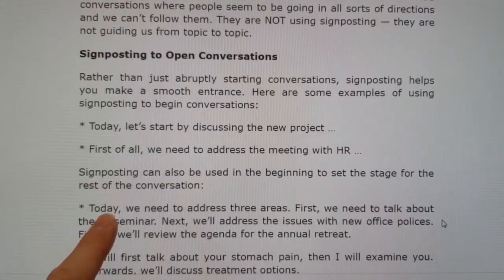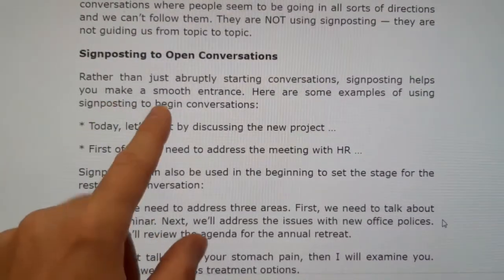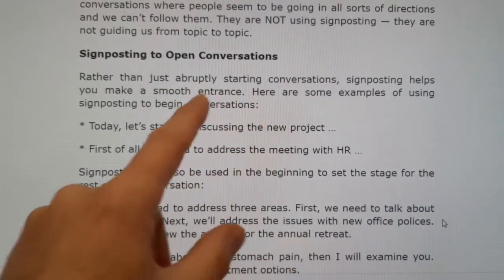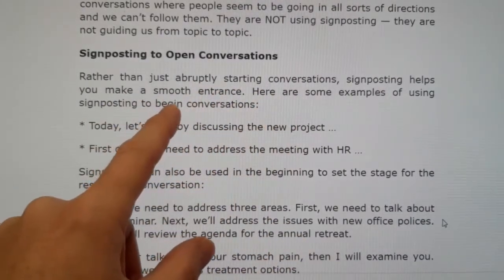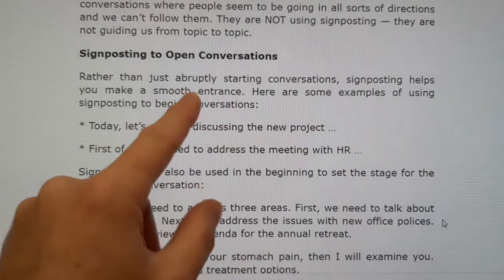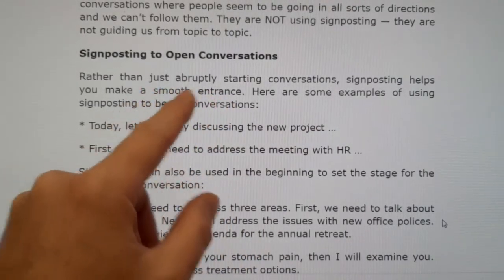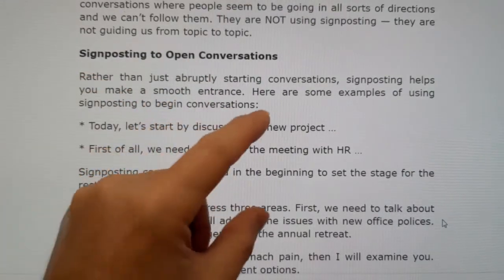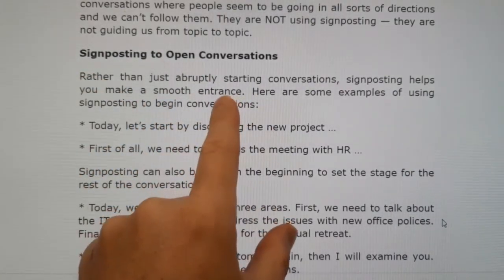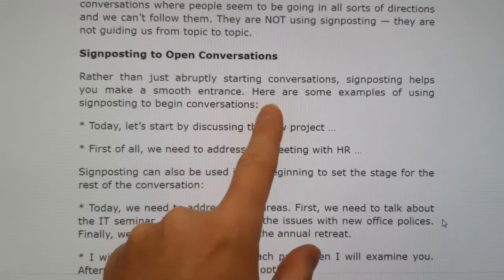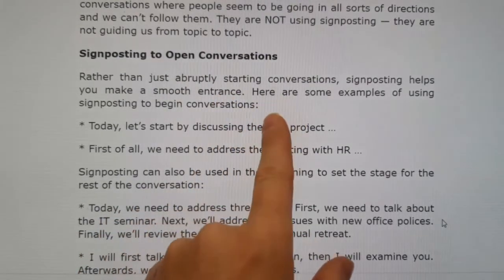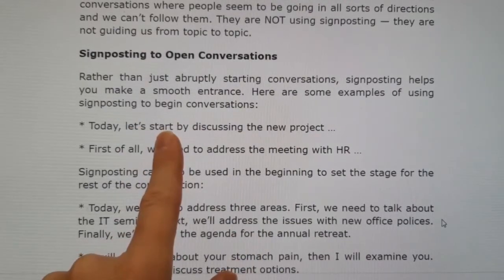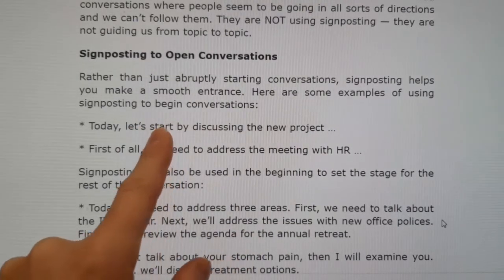Anyway, rather than just abruptly starting conversations, signposting helps you make a smooth entrance. It's a hladká tranzícia between the points. But this is the entrance, the introduction. So here are some examples of using signposting to begin a conversation or to begin a presentation.